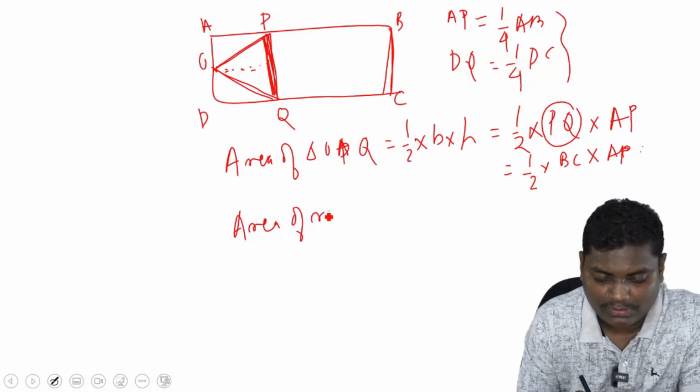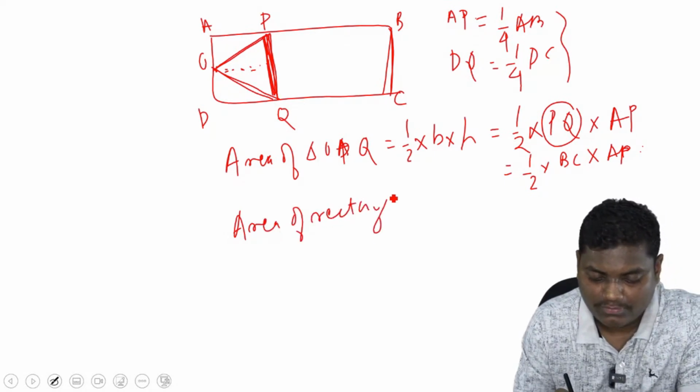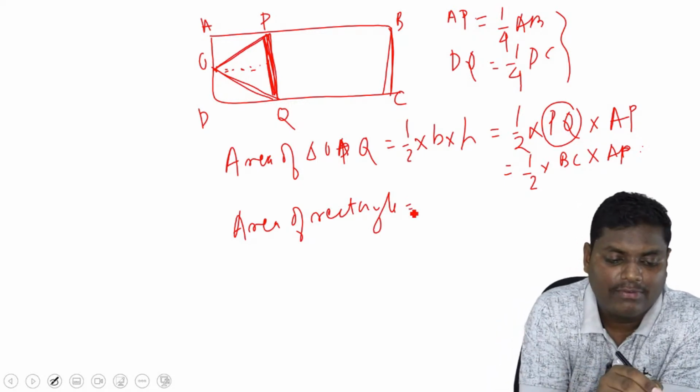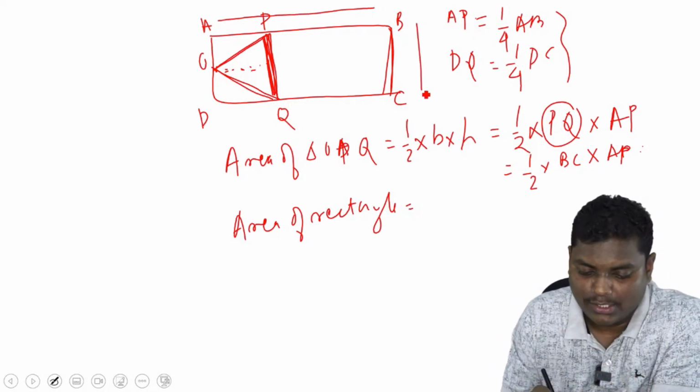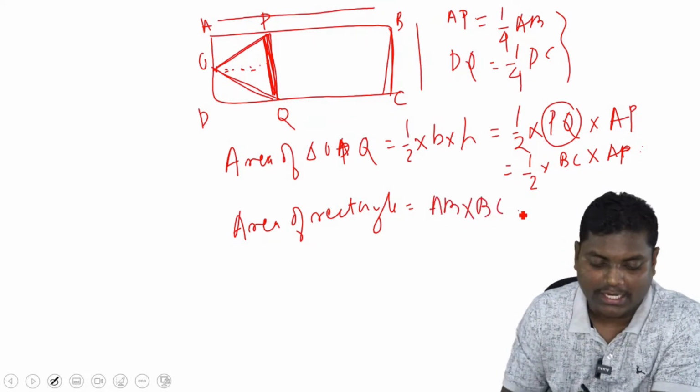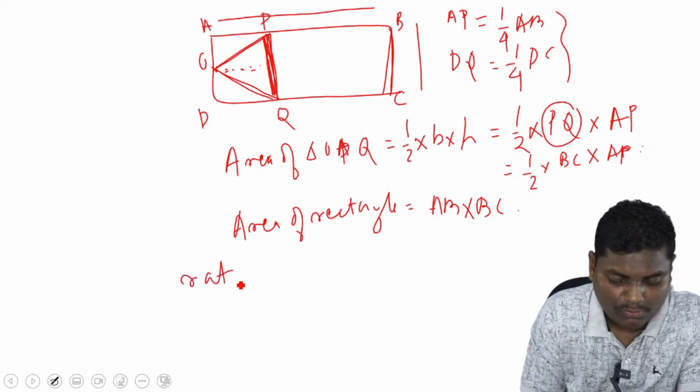Now moving to the area of rectangle. Area of the rectangle will be basically, if we take this AB and BC, so it will be AB into BC. Now what is the ratio?